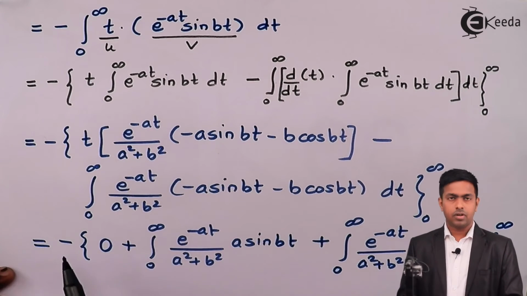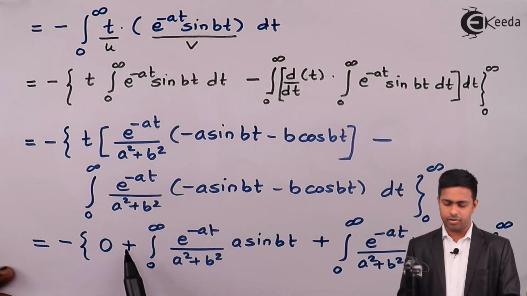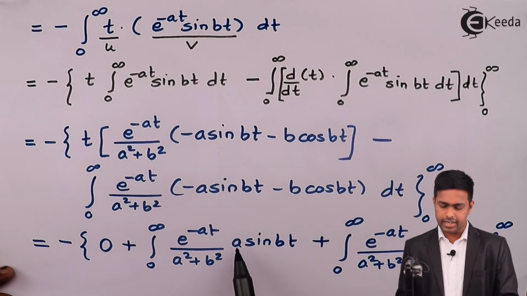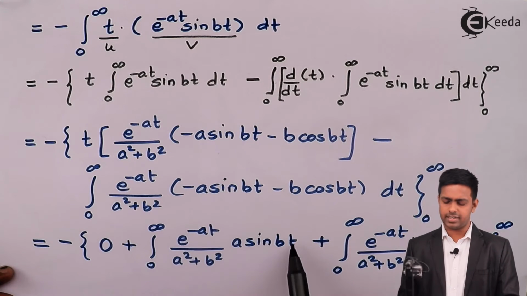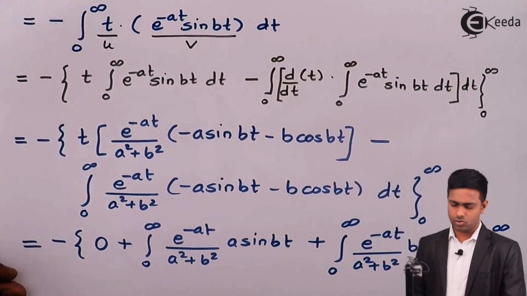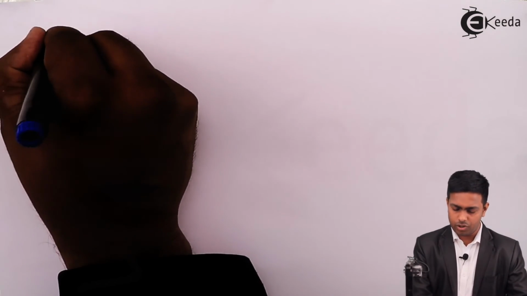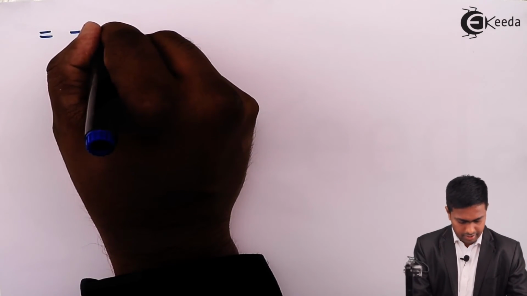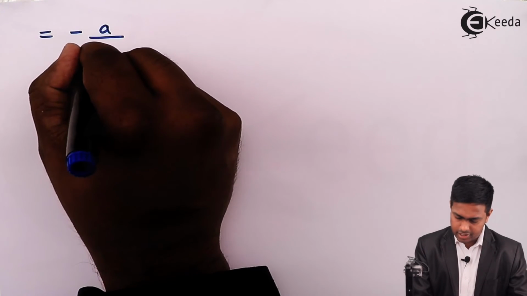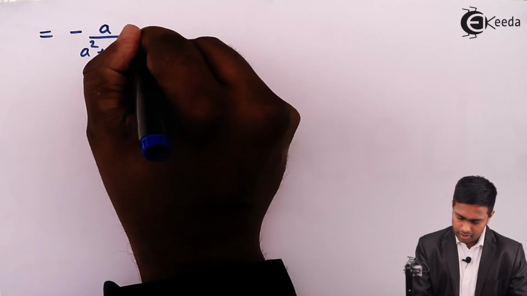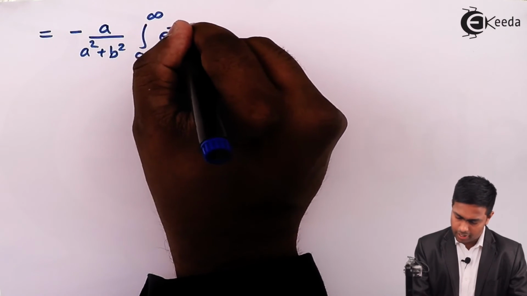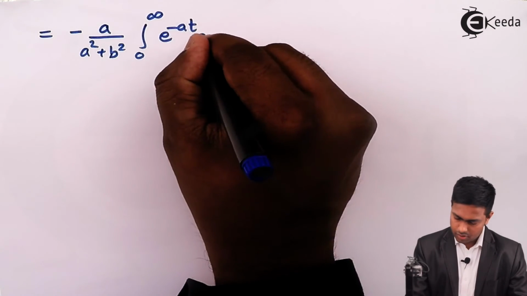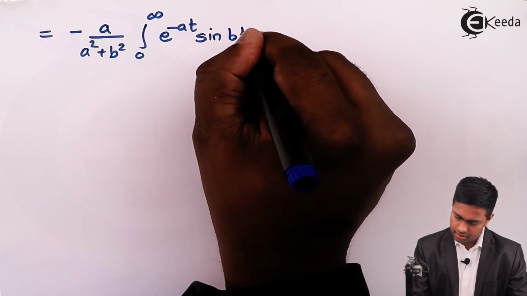Now let's evaluate these integrations. I'll take this negative sign inside, that will become minus. This a is constant, a square plus b square is constant, so we'll take it outside, and here we will get e raised to minus at sine bt in the integration. So it is equal to minus a upon a square plus b square, integration from 0 to infinity e raised to minus at sine bt dt.